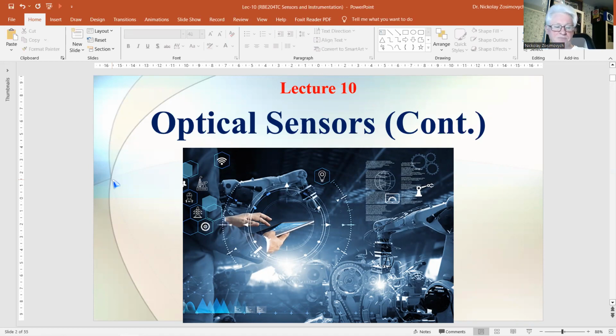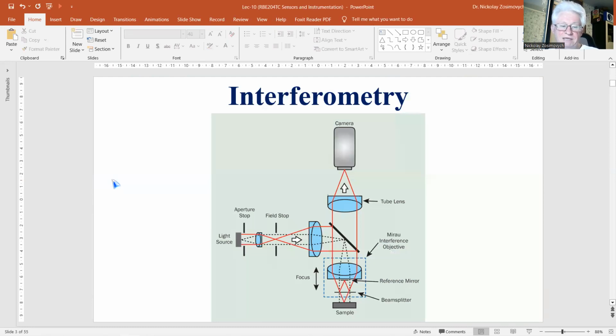The concept of interferometry is based on the phenomenon of optical interference occurring when two waves with equal frequency coincide. The resulting amplitude or intensity varies with the phase difference between the two waves.